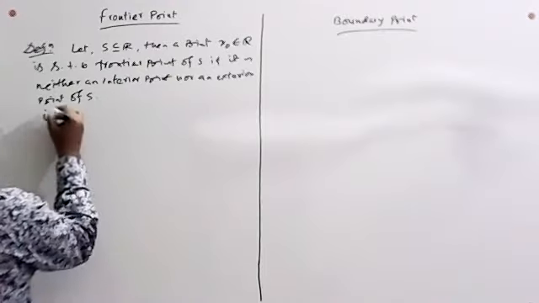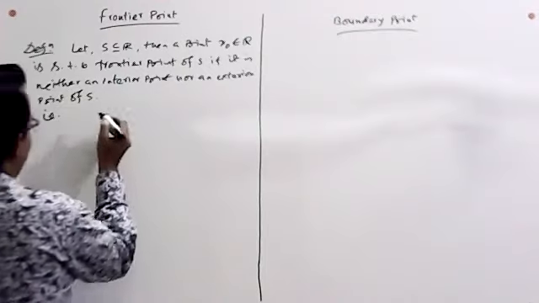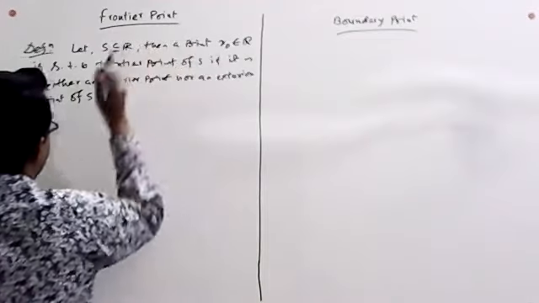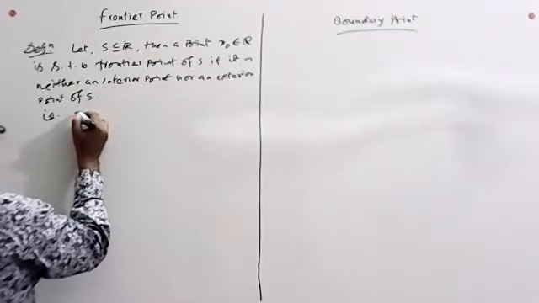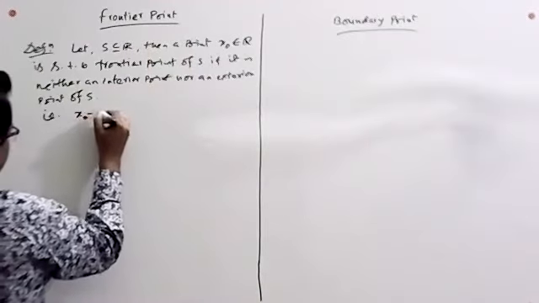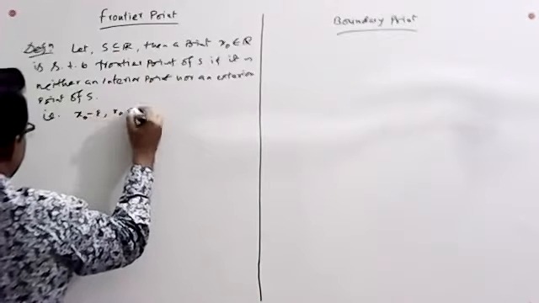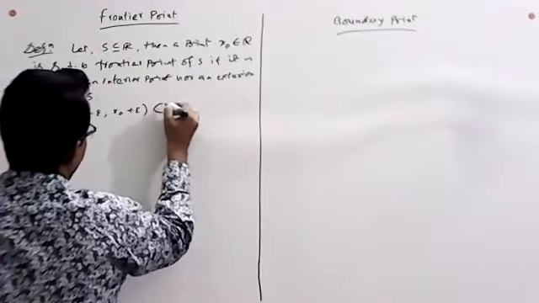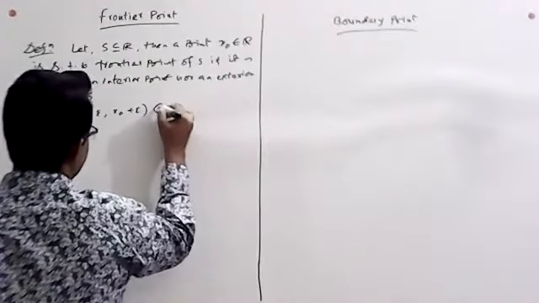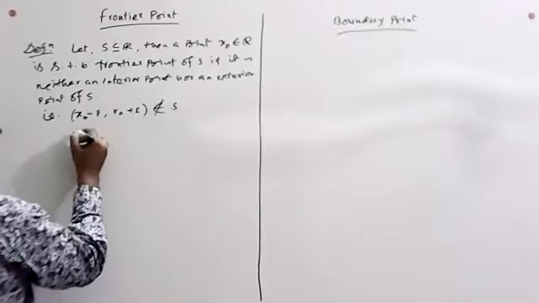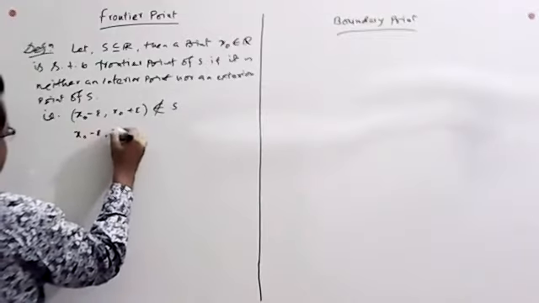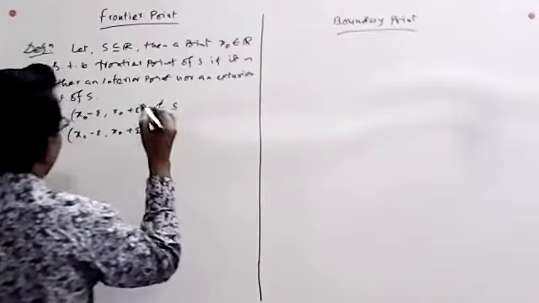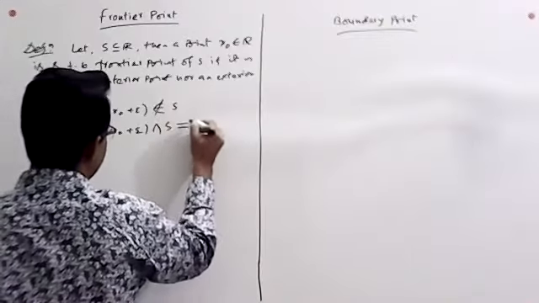That is, we can say that if x0 is a frontier point of the set, then the neighborhood x0 minus epsilon to x0 plus epsilon does not lie entirely in the set S. Also, if we intersect this interval with S, the result is non-empty.